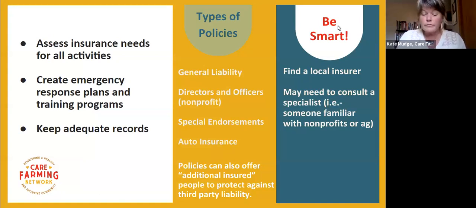And there are a lot of types of insurance one may need. A lot of this depends on the types of things that you own, how you operate, or who visits. You're probably familiar with general liability insurance. Directors and officers insurance is specifically for nonprofits, and that protects board members of charitable organizations.